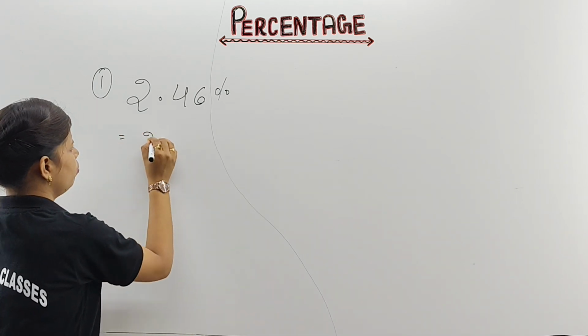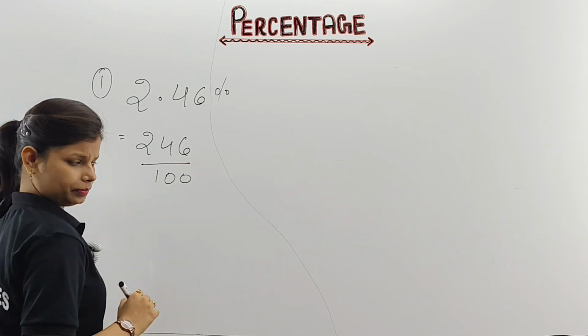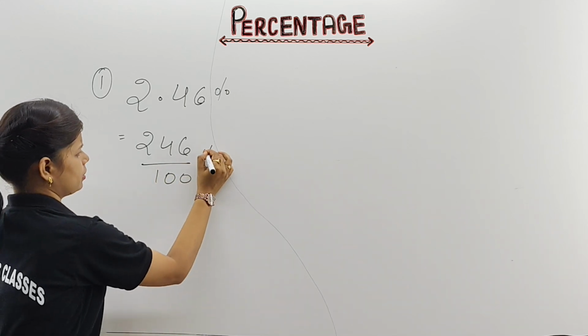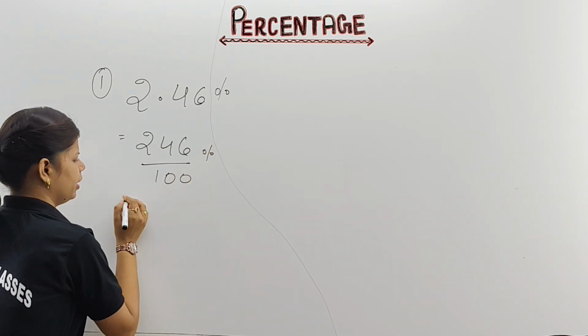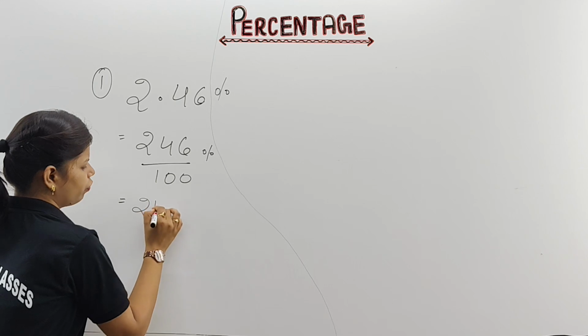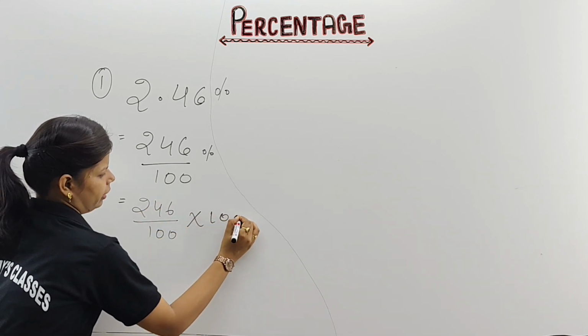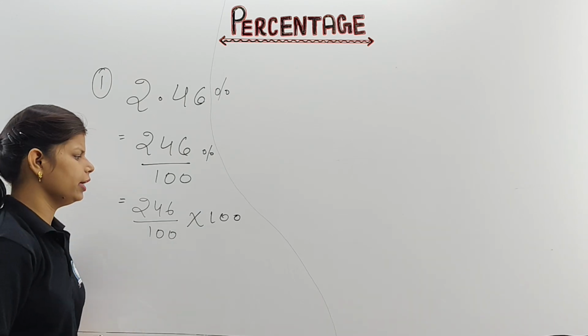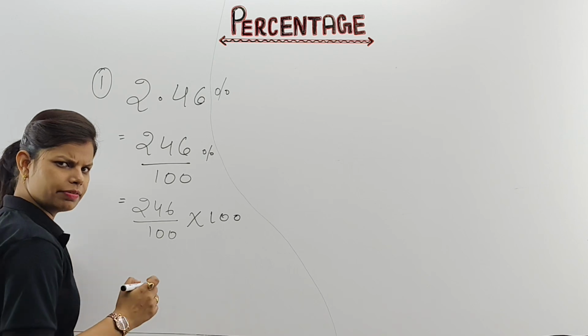Okay, so what you will do, 246 upon 100%. Why have I written 100? Two digits after the decimal, that's why here I have written 100. Then what I did, 246 upon 100 into 100. When I have done 100 into 100, do you have any idea that these 100 and 100 will cancel with each other?